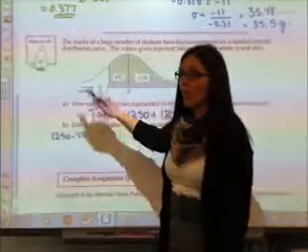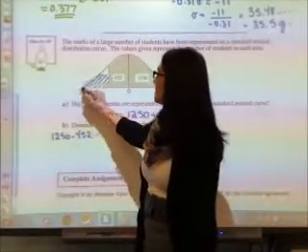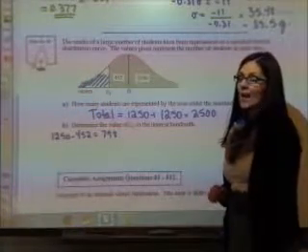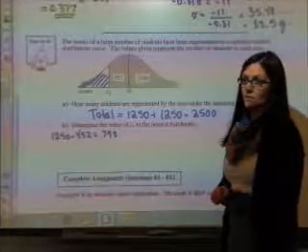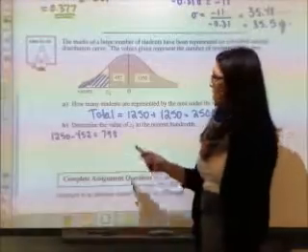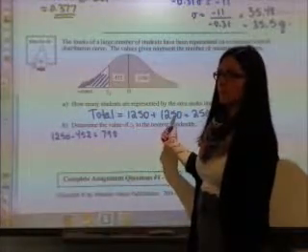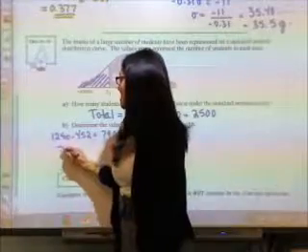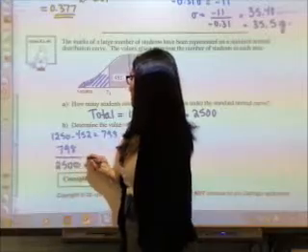Now I need to figure out what would be the probability or the value of that area. So how would I find out that percentage or that amount? Well, it's 798 students out of 2,500. So what's 798 out of 2,500 students?